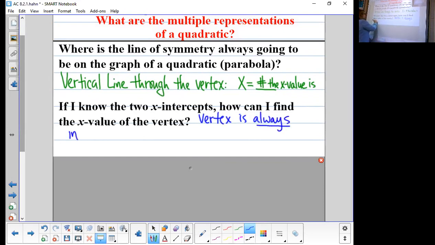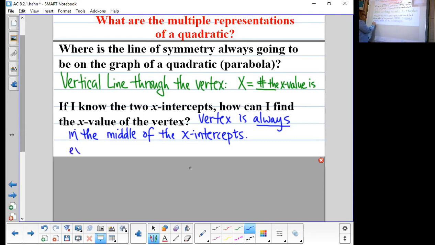It's always in the middle of the x-intercepts. So if you find the midway point of your x-intercepts, then you know the x value of your vertex.